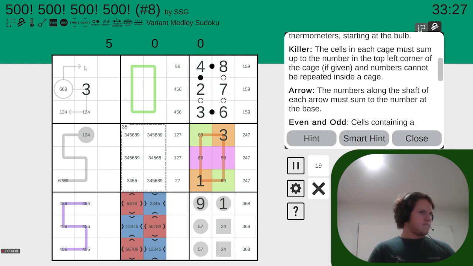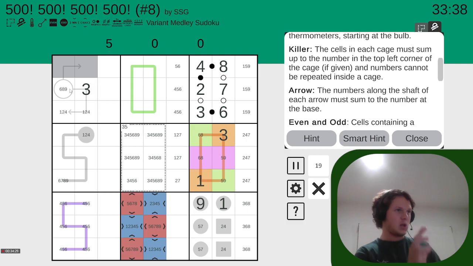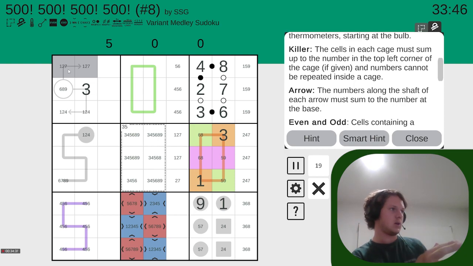Yeah, I completely agree with that still. Given that this has to sum to a maximum of 9, you can't use 8, because 8's already here. We can have a 7 and a 2 and a 1, because it can be lower. We can have a 6 and a 2 for 8. And we can have a 5 and a 1 for 6.